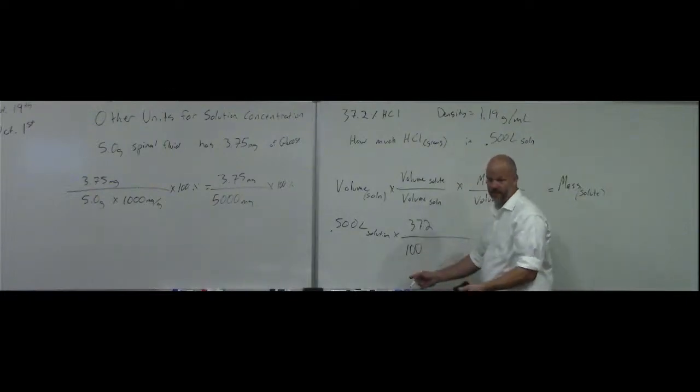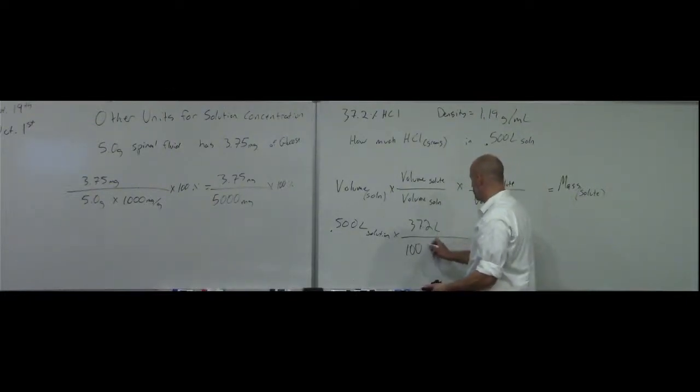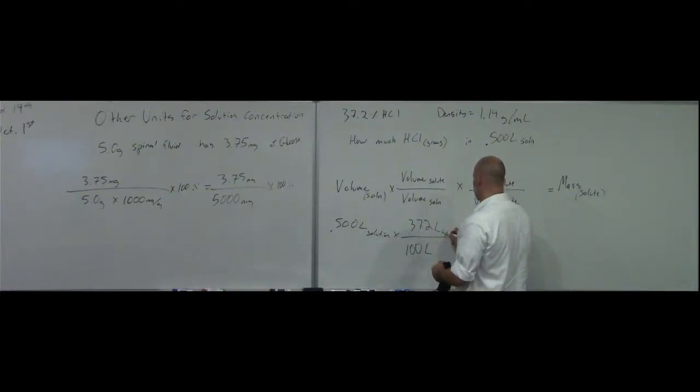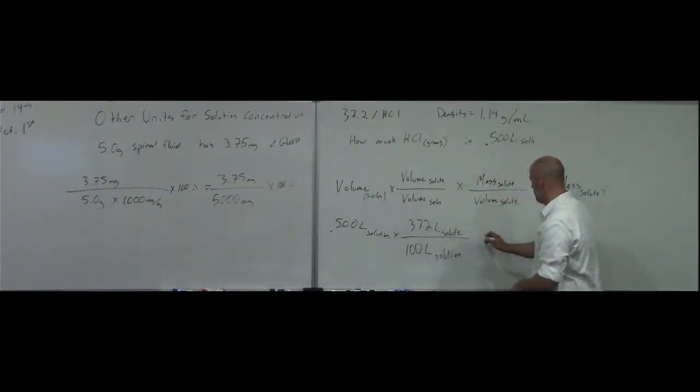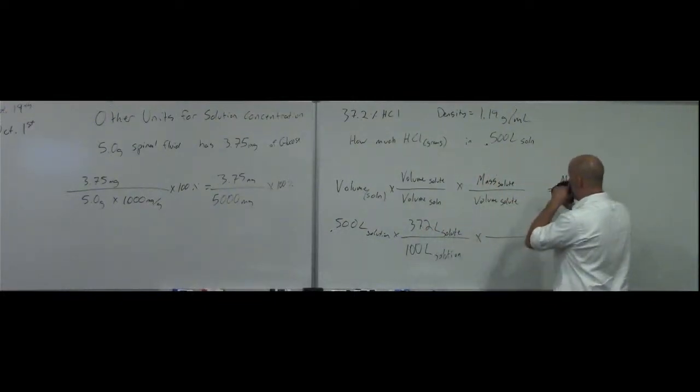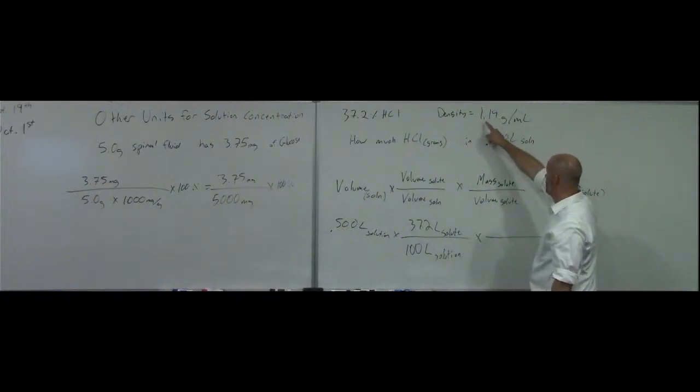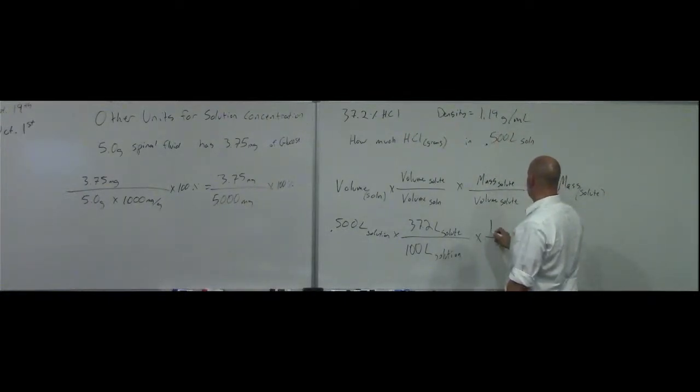It doesn't matter what I have this in. 37.2 liters of solute, out of solution. So right now I'm dealing with liters of solute. Now I need to multiply that by this density, so I need 1.19 grams of solute over 1 milliliter of solution.